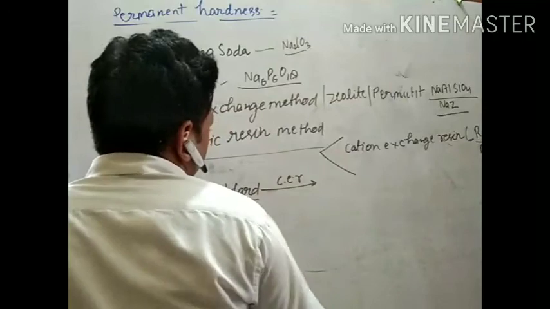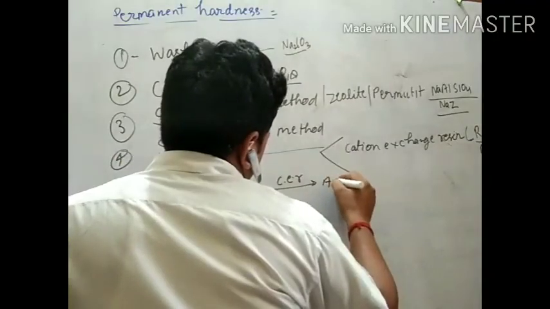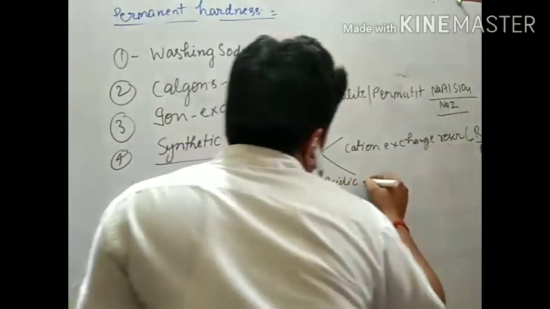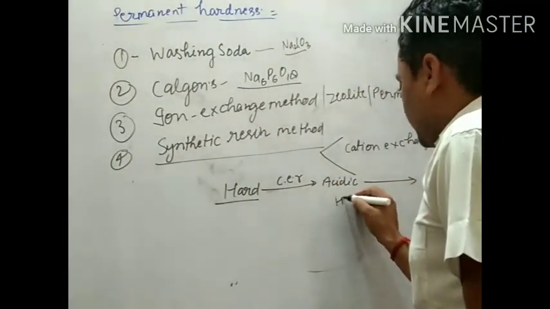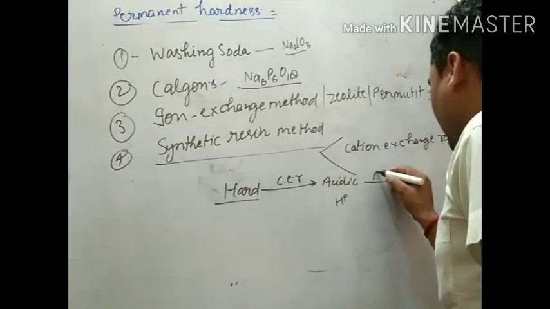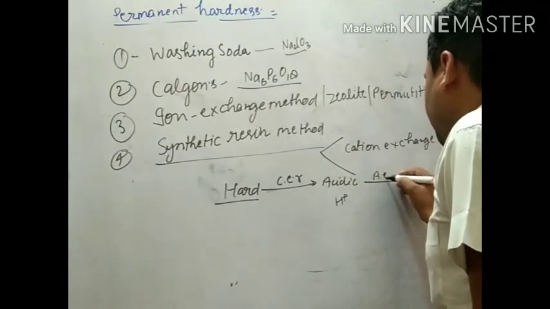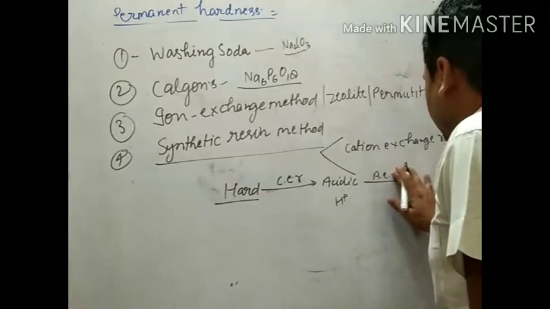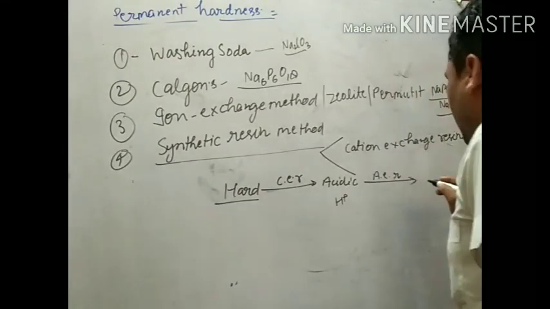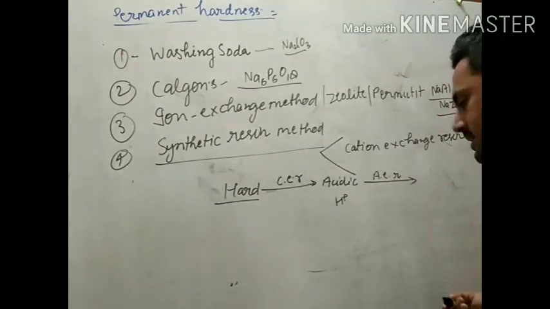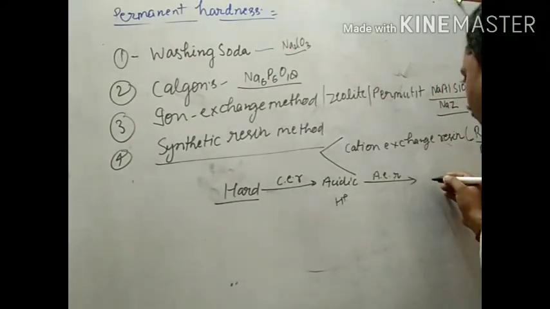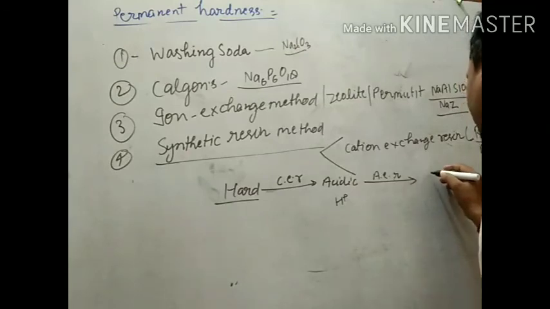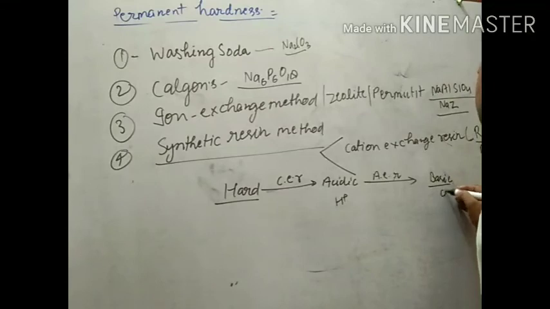When we pass hard water through the cation exchange resin, it becomes acidic water due to the presence of H plus. When it is passed through the anion exchange resin, OH minus exchanges the anions, and it changes into basic due to the presence of OH minus.